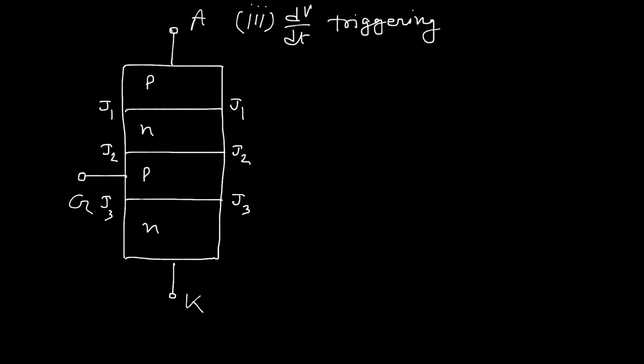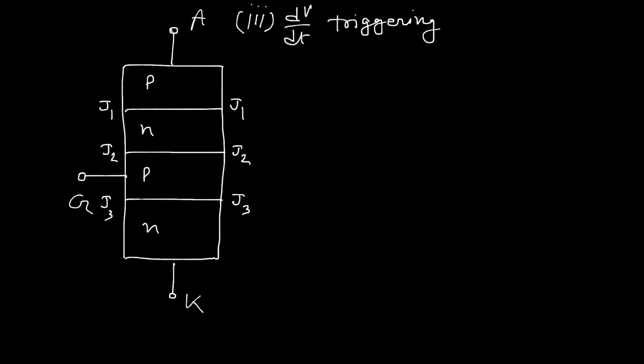Suppose we are increasing the anode voltage slowly and gradually, then we will achieve some breakover voltage, suppose VBO. And suppose we are not increasing the anode voltage gradually, but very suddenly, then you will record a forward breakover voltage that is less than before.